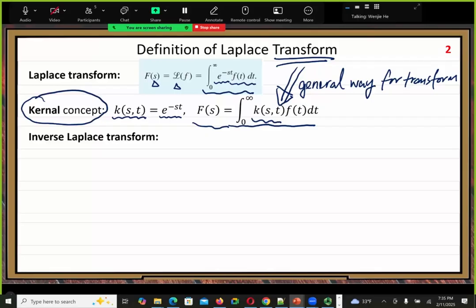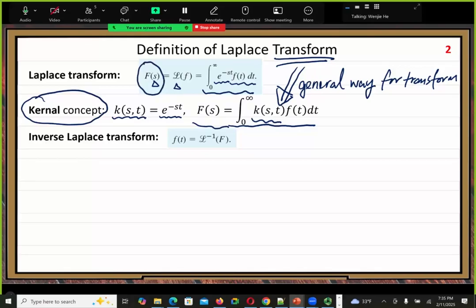So the question is, how do we define the inverse Laplace transform? We really need it. Let me explain that question. First, the notation: for the inverse, that means you know the Laplace transform.